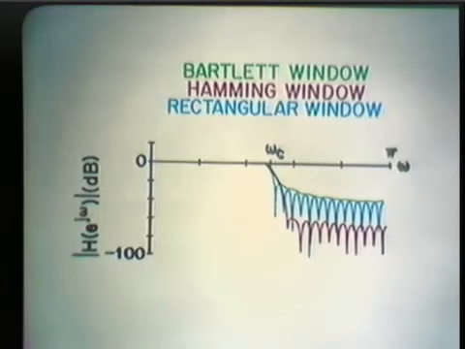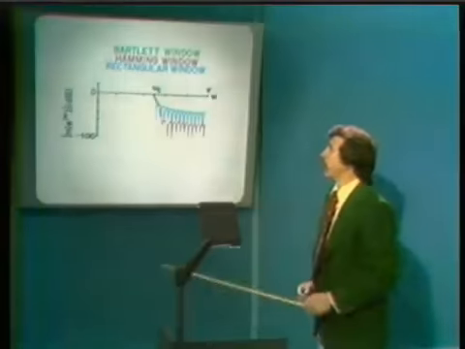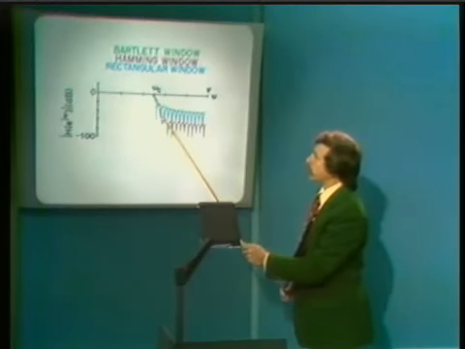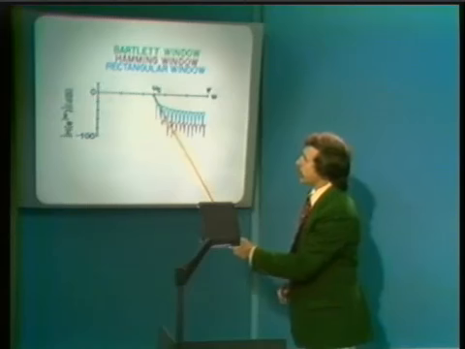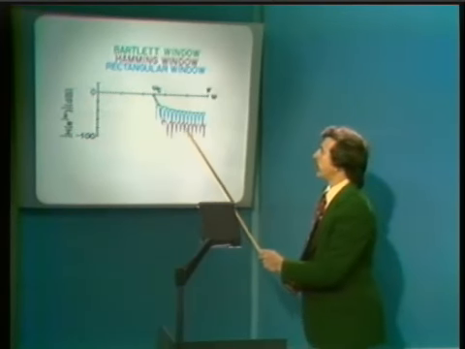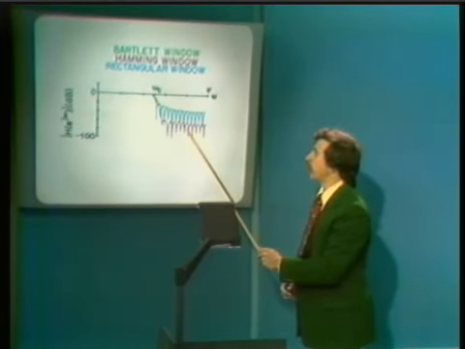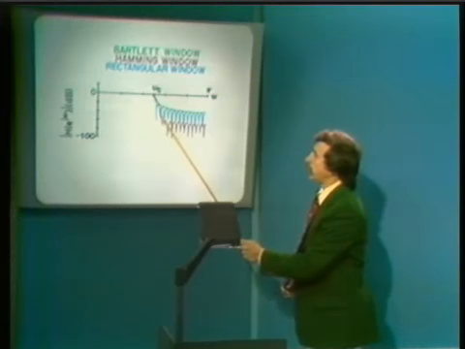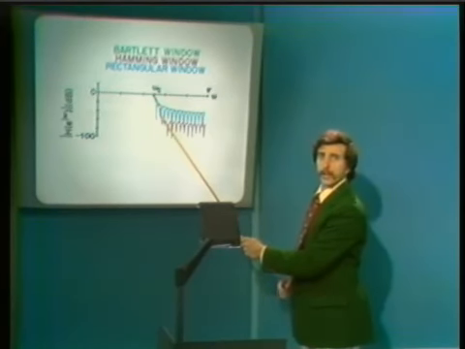And in general, this is a type of trade-off that arises again and again in the design of, actually always in the design of digital or analog filters. In particular, in using windows, there is always this trade-off between improved stop band attenuation and a narrower, or wider rather, transition band.